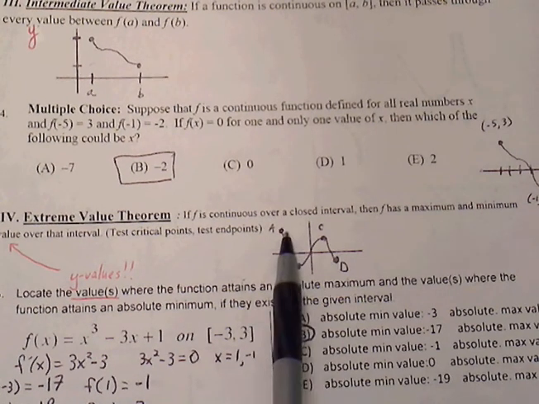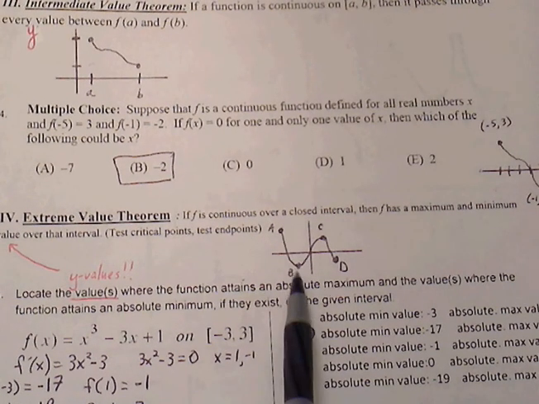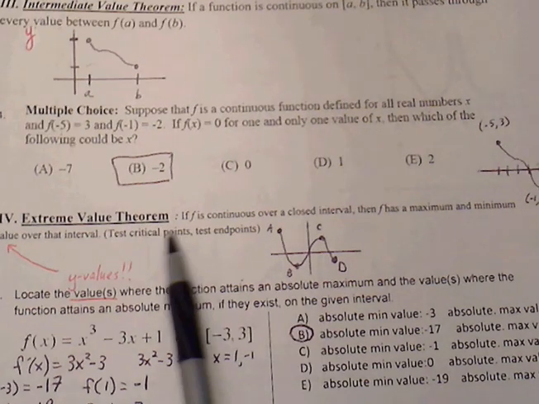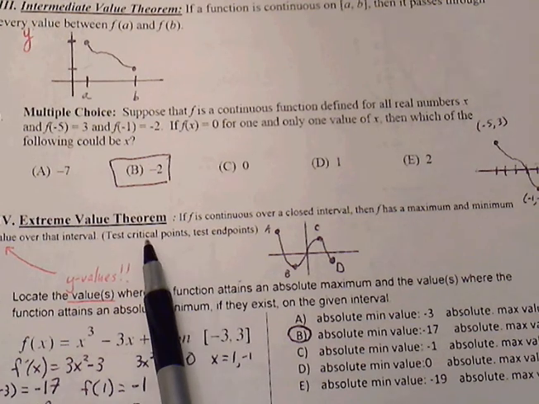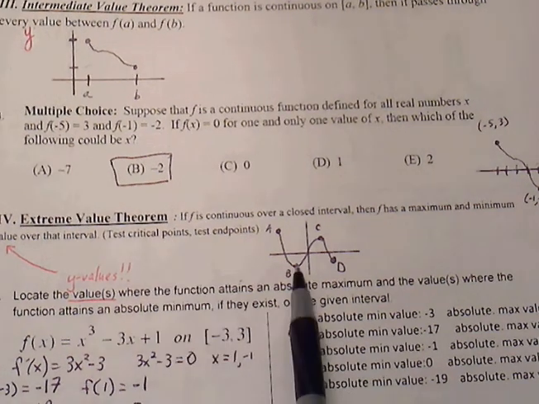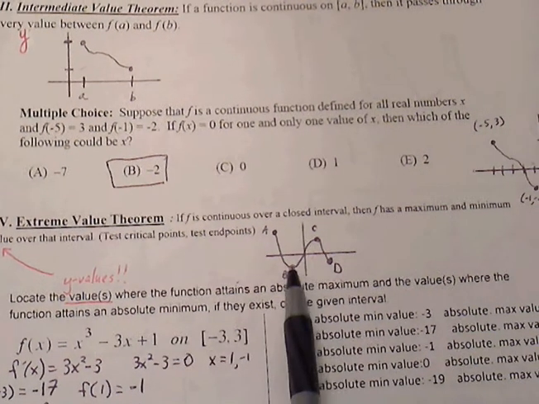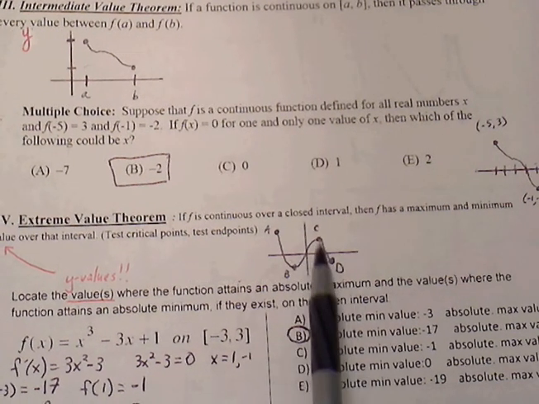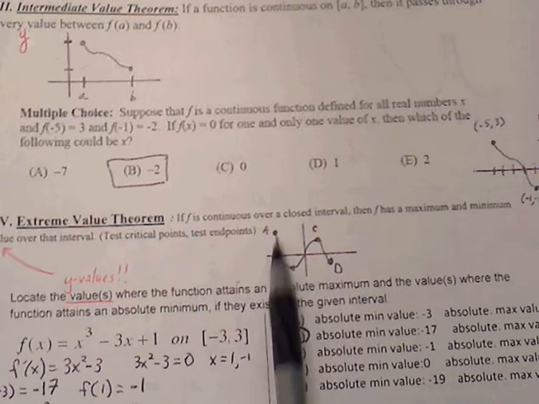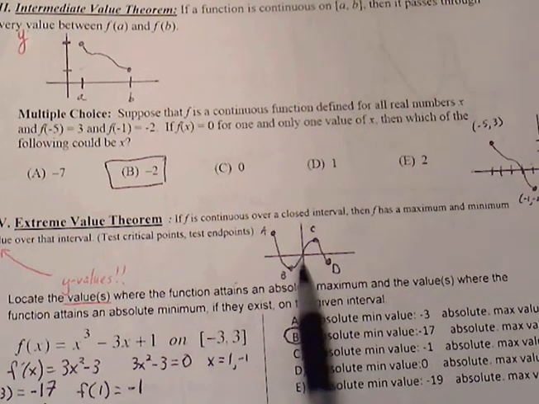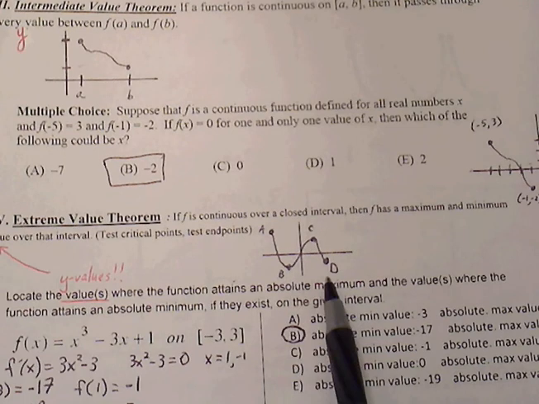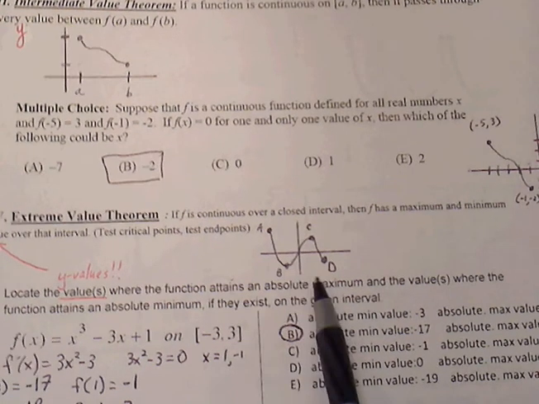We always want to plug the endpoints back into the original function to check the y values, and then we will also want to find the critical points, by setting the derivative equal to 0, finding those x values and plugging all of them into the original function, and then checking to see what's the highest y value we see and what's the lowest. Okay, and we want to be able to do this, especially if we don't have the ability to look at the graph, and also to be able to show it algebraically.